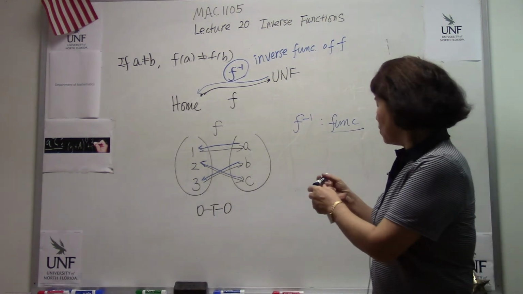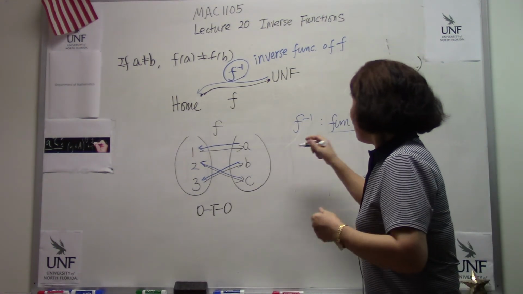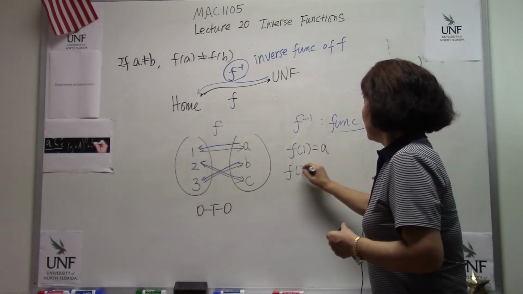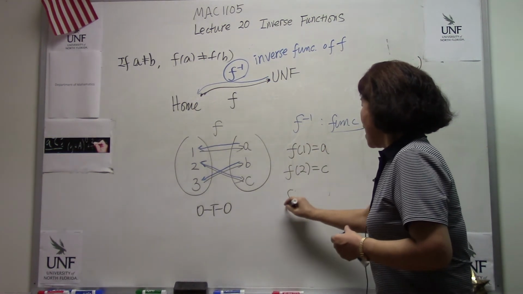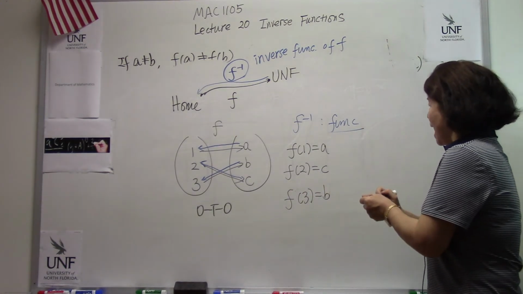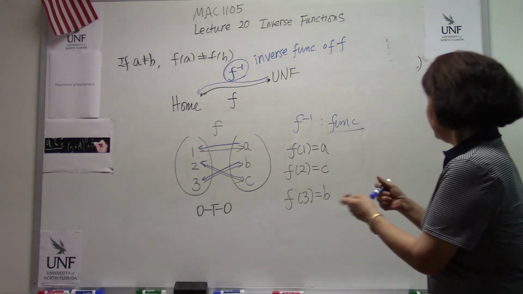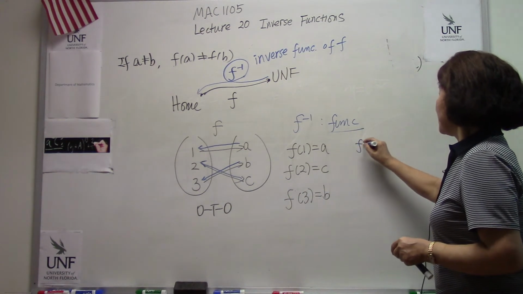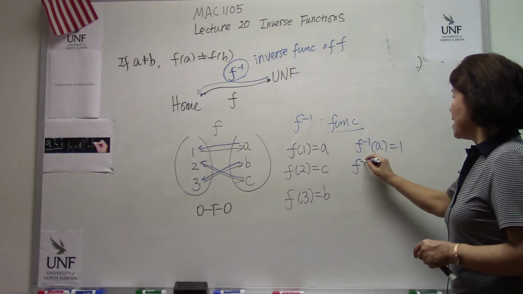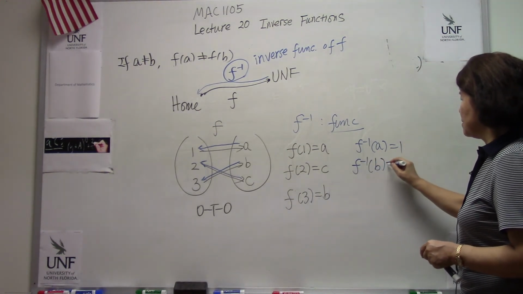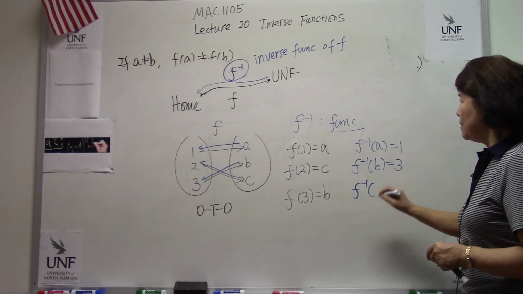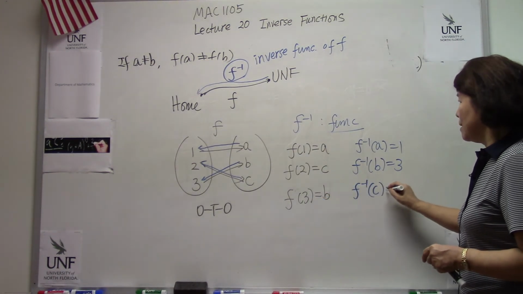Okay? So I'm going to write it this way. f of 1 is A, f of 2 equals C, f of 3 equals B. Now you go for inverse function: f inverse of A equals 1, f inverse of B equals 3, f inverse of C is 2.